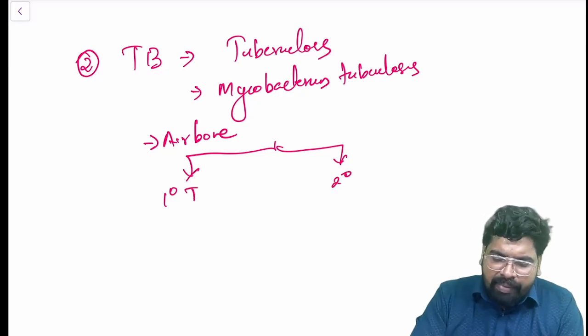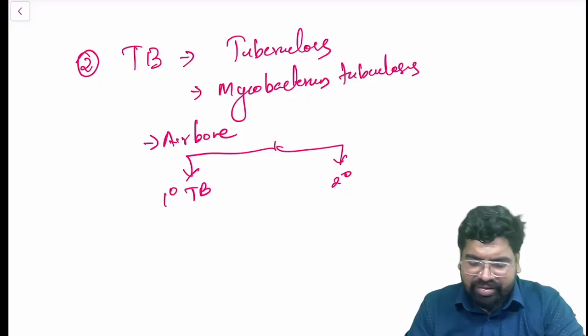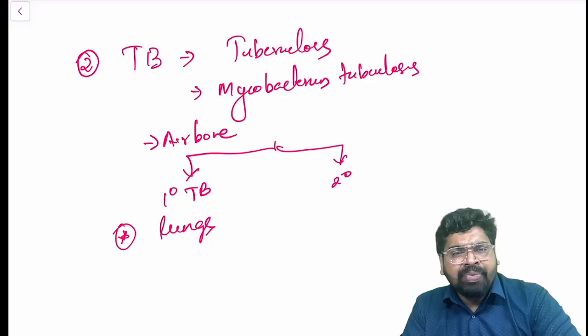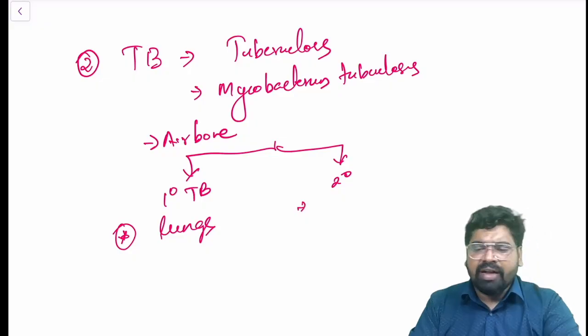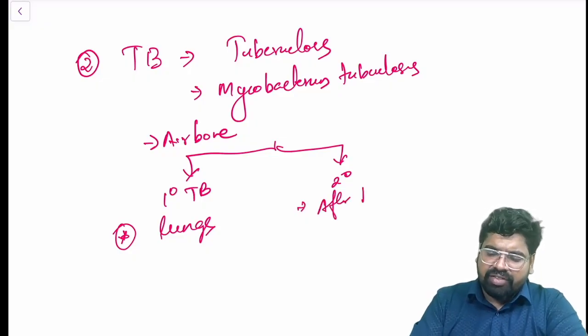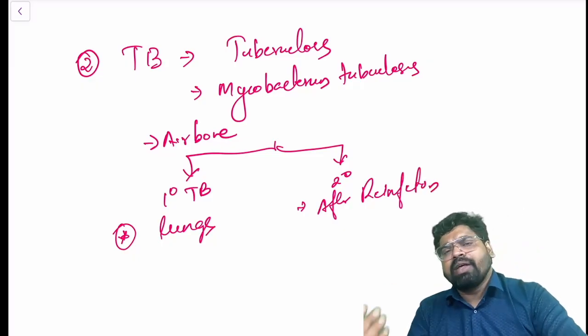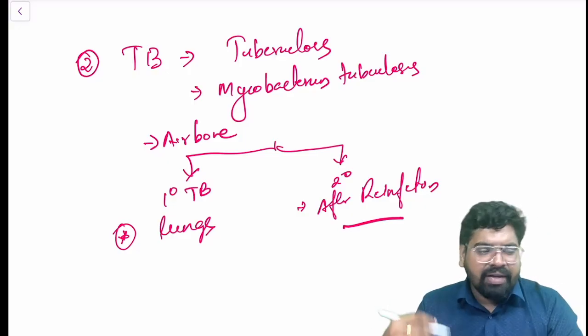Primary TB affects for the first time, where you have no previous infection, and mainly affects your lungs because it is airborne. Secondary TB occurs after a reinfection, meaning you already had primary TB, and it got reactivated or reinfected.